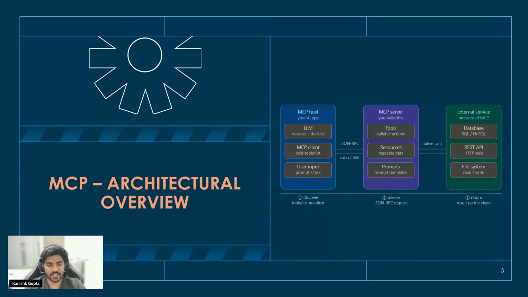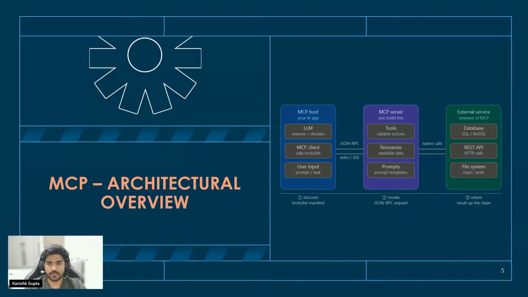Each microservice has a different use case, and you are responsible for composing those services. Now, the external service, which is the last actor in this MCP architecture diagram.